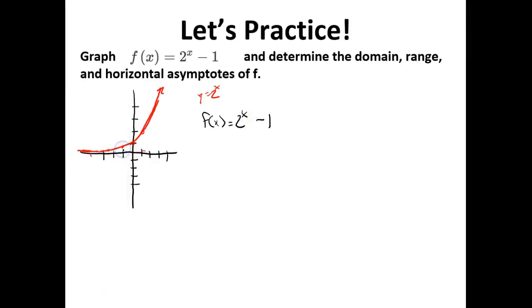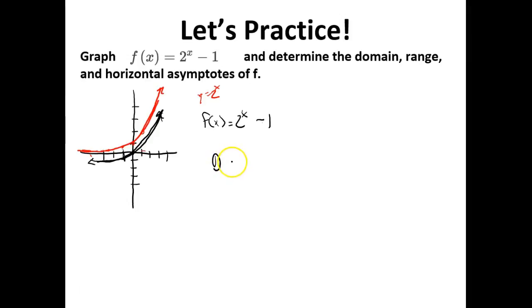This point is going to be shifted down 1 to there, this point is shifted down 1 to there. All those points are going to be shifted down 1 unit. And that's what that -1 does. So if you have a plus or minus outside of everything, it's going to either shift the graph up or down.